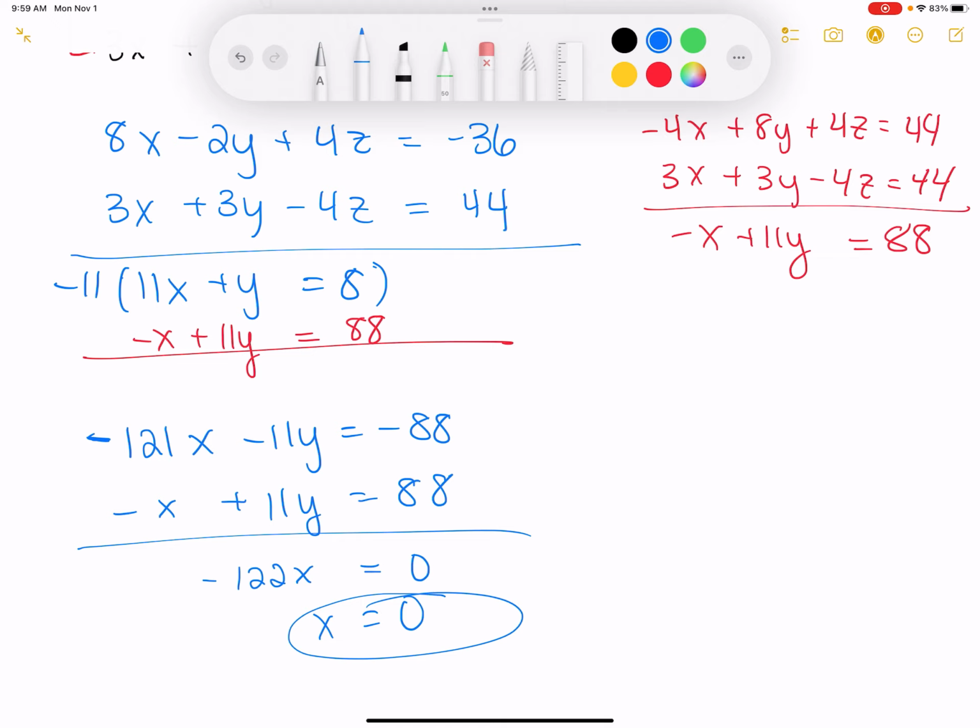It doesn't matter, but I'm trying to make your life easier. Y is already by itself, especially with x being 0. If x wasn't 0, I would choose the bottom one. But since x is 0, I would choose the top one because that's going to make things go away nicely. So 11 times 0 plus y equals 8. That's 0, so y is equal to 8.